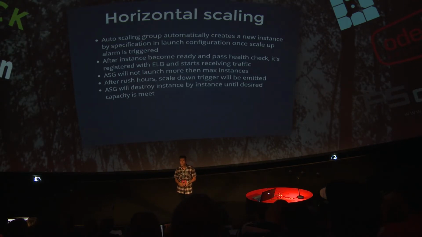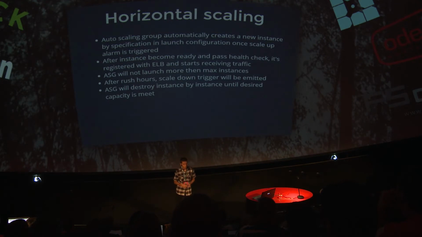How does an Auto Scaling group work? Well, when you have a spike, for example, the Auto Scaling group will launch a new instance. And after this instance passes all health checking, it will be added to ELB and it will start routing traffic to this instance. Be aware, the Auto Scaling group will not launch more than the maximum capacity, so keep an eye on this number and always put it a little higher than you expect.